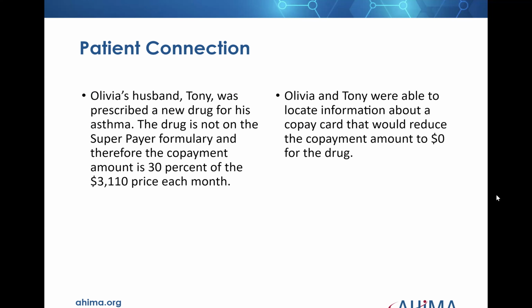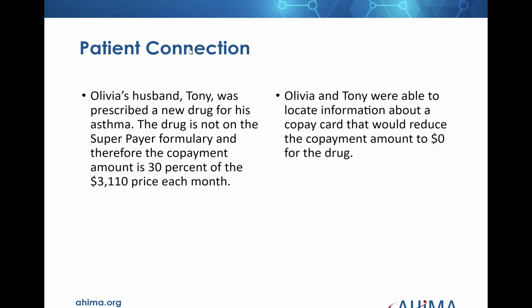Again, I'll let you do this, but this is just a good walkthrough for you that's in your text. Olivia's son Tony is prescribed a new drug for his asthma. The drug is not on the super payer formulary, and therefore the copayment is going to be higher, to the tune of 30% of the $3,110 that it costs a month.